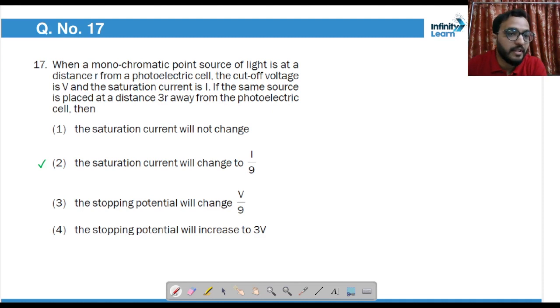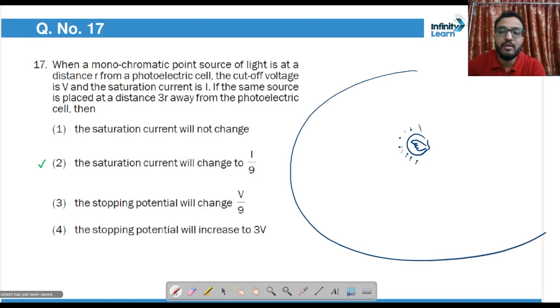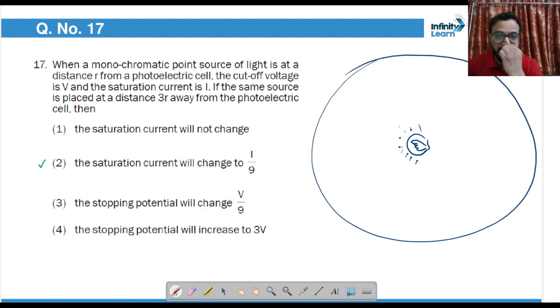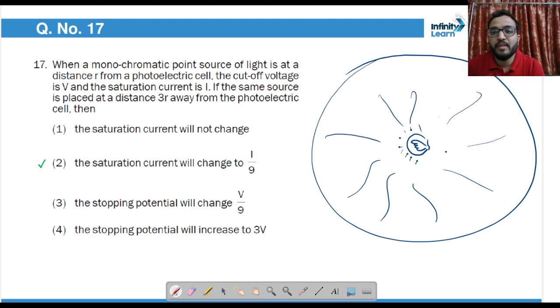Now, this is very interesting. See, when I talk about a point source, suppose this is a point source. What is happening? The light is going in all the directions, right? The light is being covered in a complete sphere. Everywhere the light is going. So we can say that the power remains constant.